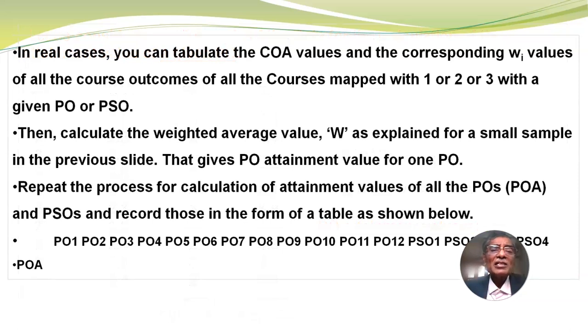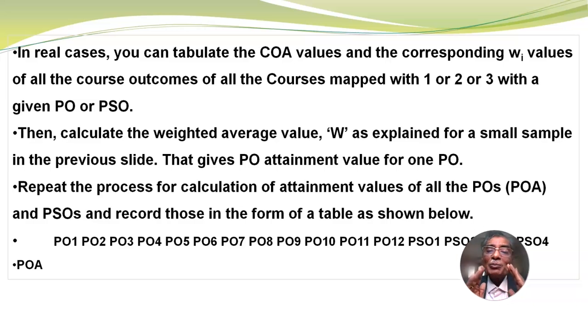In real cases, you can tabulate the COA values and the corresponding WI values of all the course outcomes of all the courses mapped with 1 or 2 or 3 with a given PO or PSO. Then calculate the weighted average value W explained for a small sample in the previous slide.